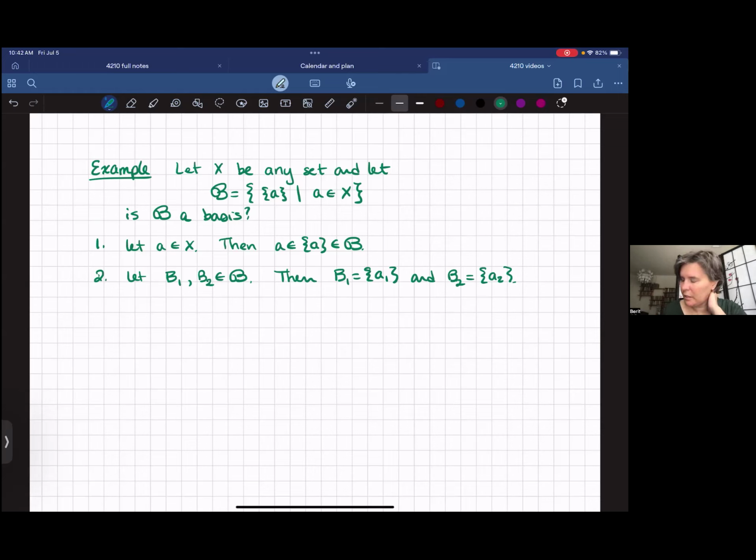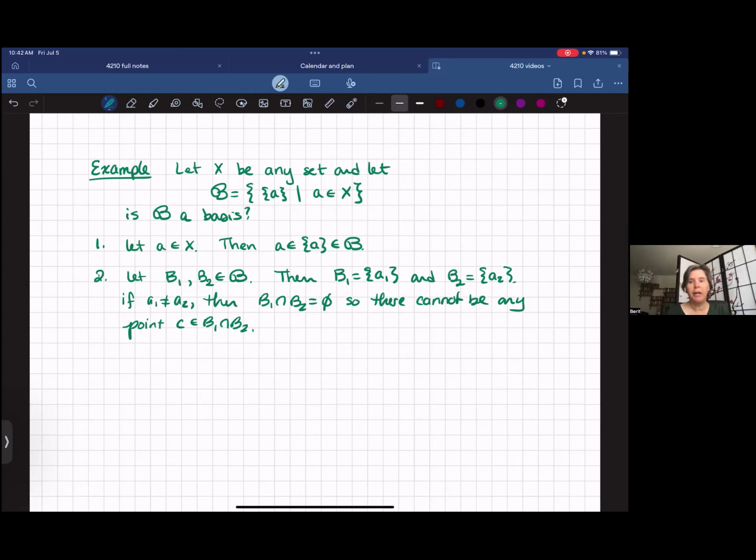That's kind of trivial. And if A1 does not equal A2, then B1 intersect B2 is empty. So there cannot be any point c in B1 intersect B2.